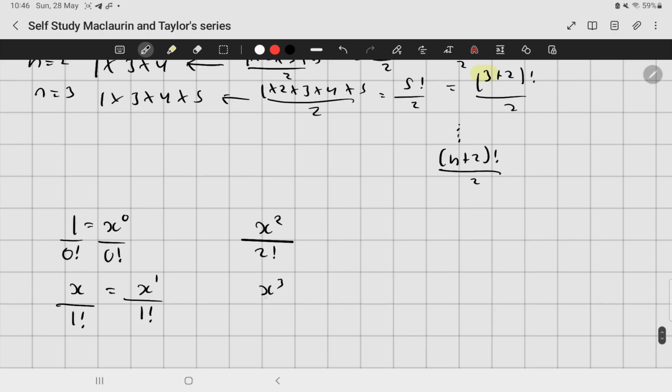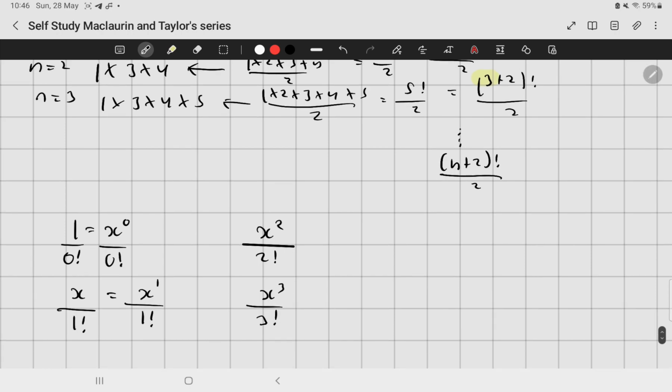And then x to the power of 3 over 3 factorial, and so on. So this implies the general formula for x would be x to the power of n over n factorial.